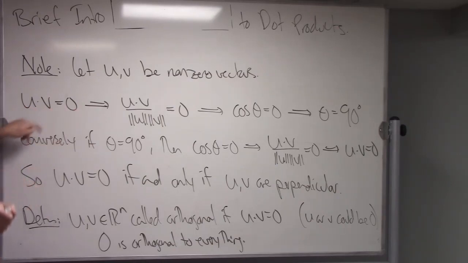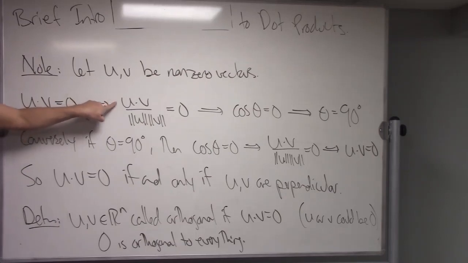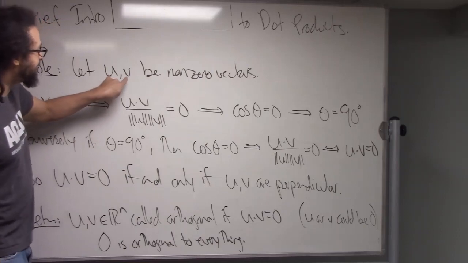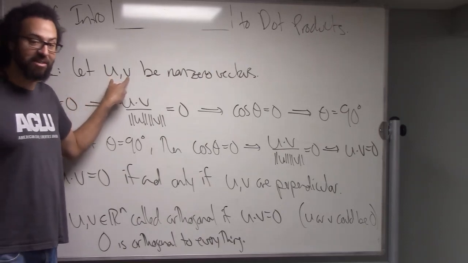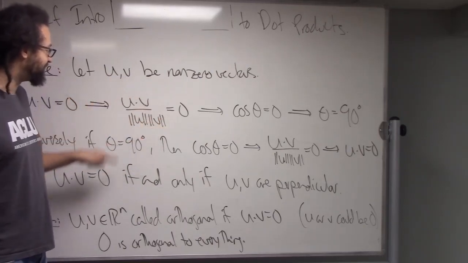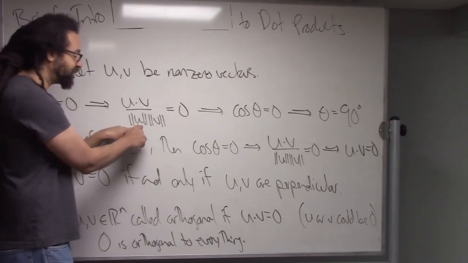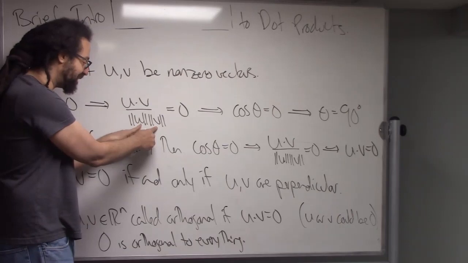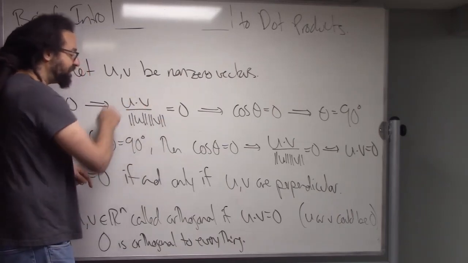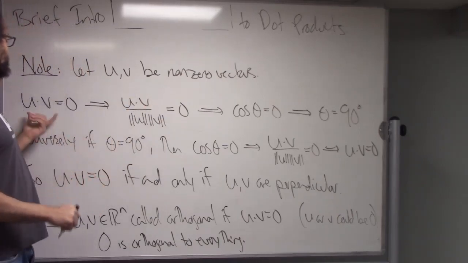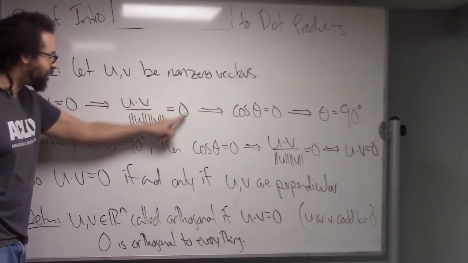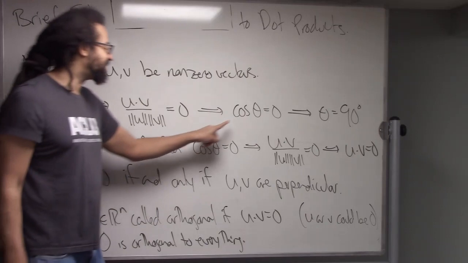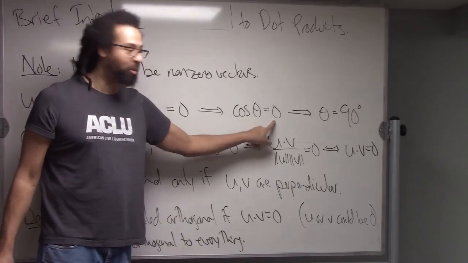Well, if you know the numerator is 0, then that means the whole fraction has to be 0. And because both of these vectors are not 0, this fraction is defined, because the magnitude of u and the magnitude of v, neither of those is equal to 0. So this is a well-defined fraction. So the numerator is 0, that means the whole fraction is equal to 0. But what is this fraction? It's exactly the cosine of the angle between the vectors.